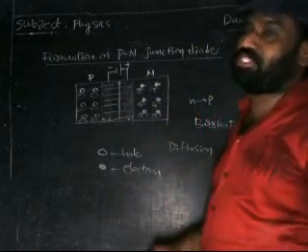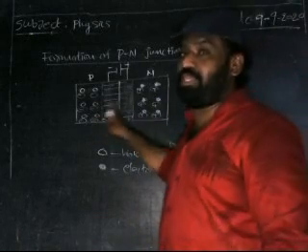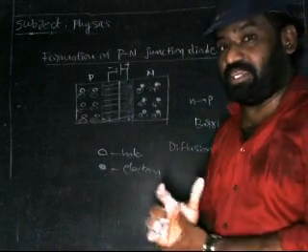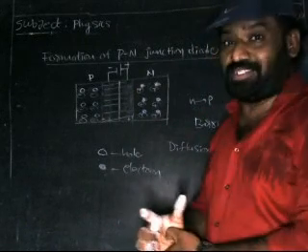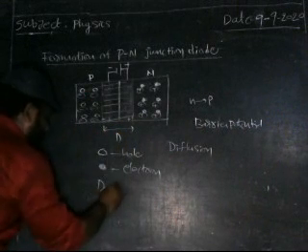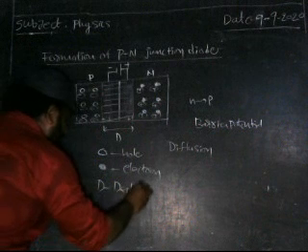A narrow region is formed between P-type and N-type semiconductors where there are no mobile charge carriers. This is the depletion layer, D.